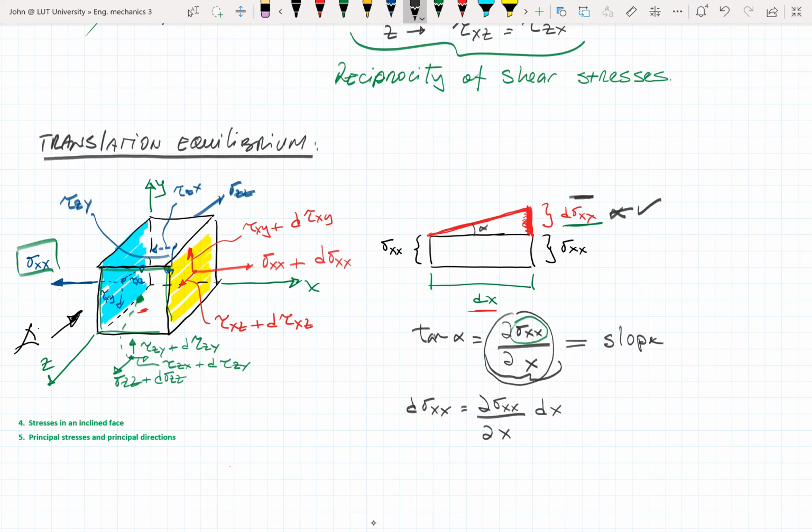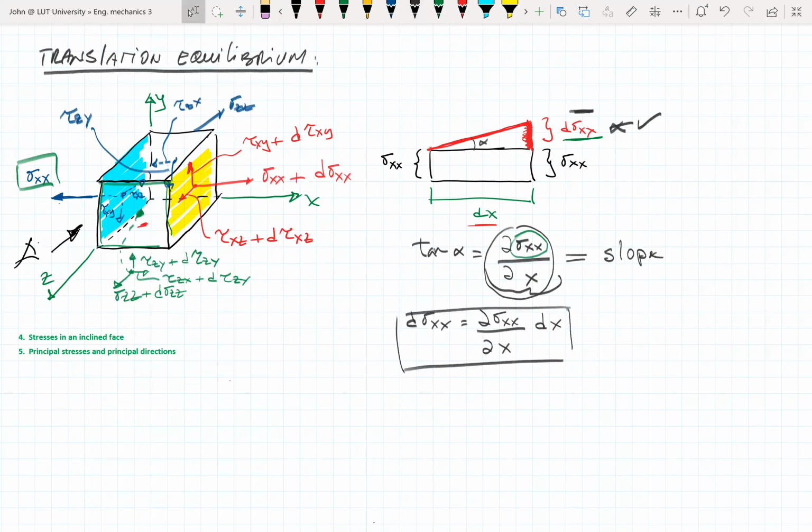This is going to be a general representation of these increments in each one of the stresses presented on the cube. It doesn't matter if it's a normal stress or a shear stress, it's always going to be represented in this fashion. For example, the increment in the shear stress tau xy is going to be equal to the partial of tau xy divided by the partial of x times dx.